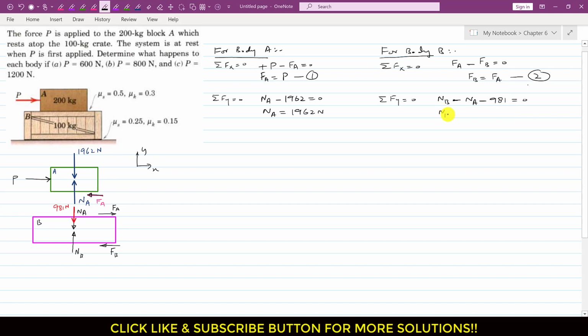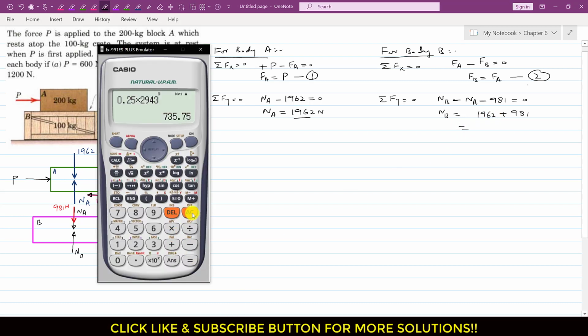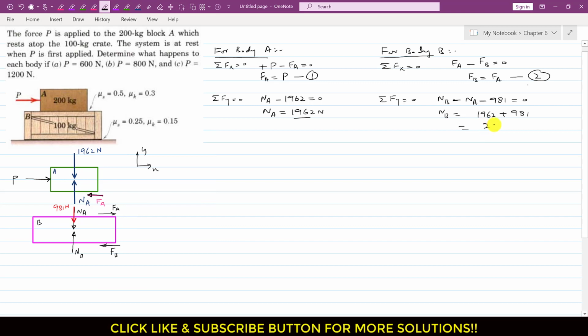So Nb is equal to Na plus 981, and Na is known, which is 1962. So 1962 plus 981 is 2943 newtons. This surface is applying 2943 newtons on crate B, so this is the normal force on crate B.